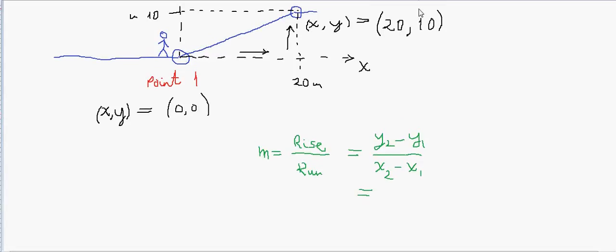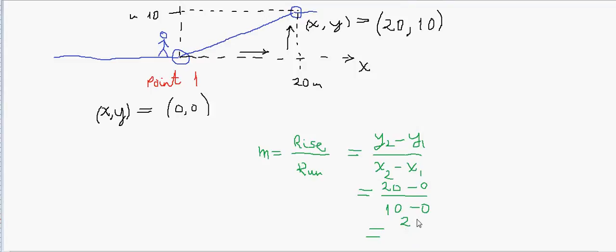The final value for the rise is 10 meters, while the initial value is 0, so minus 0. The final point for the horizontal is 20 meters, while the first one that we started off with is 0, so minus 0 again.